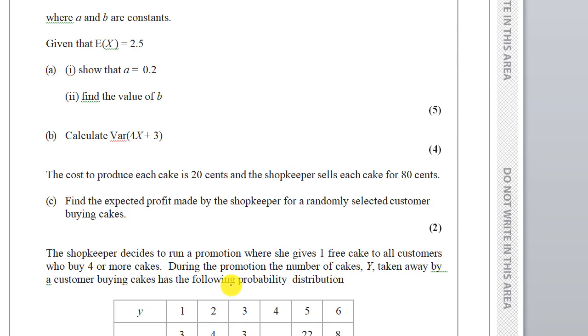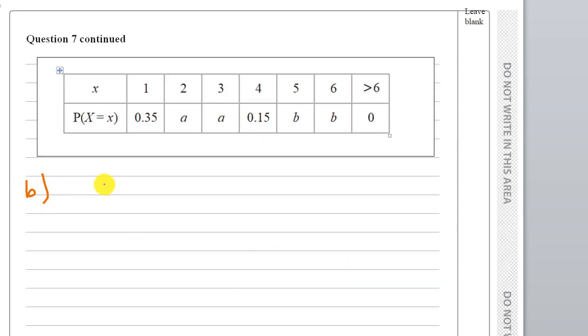Now calculate variance for 4X plus 3. This is part B. Variance of 4X plus 3.